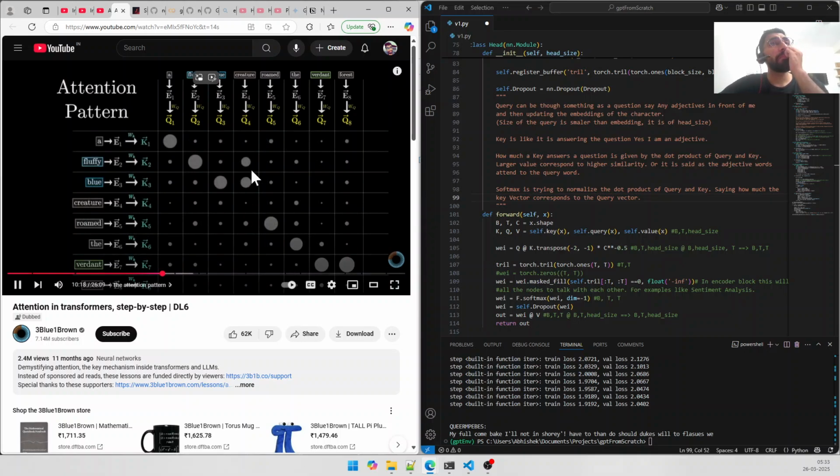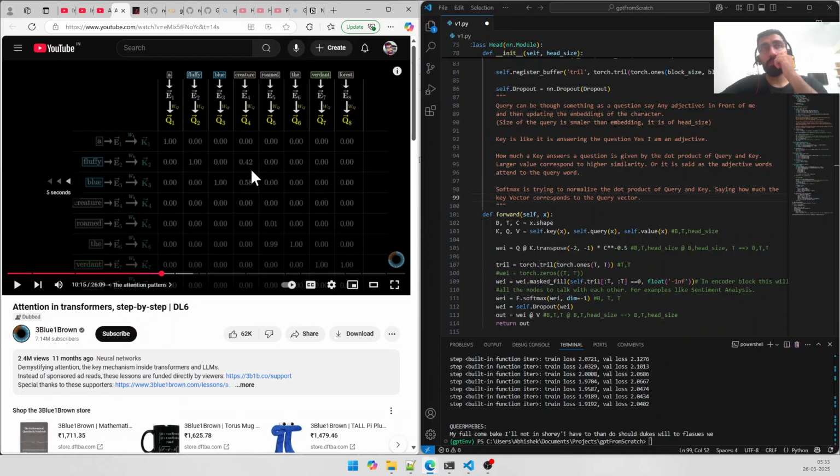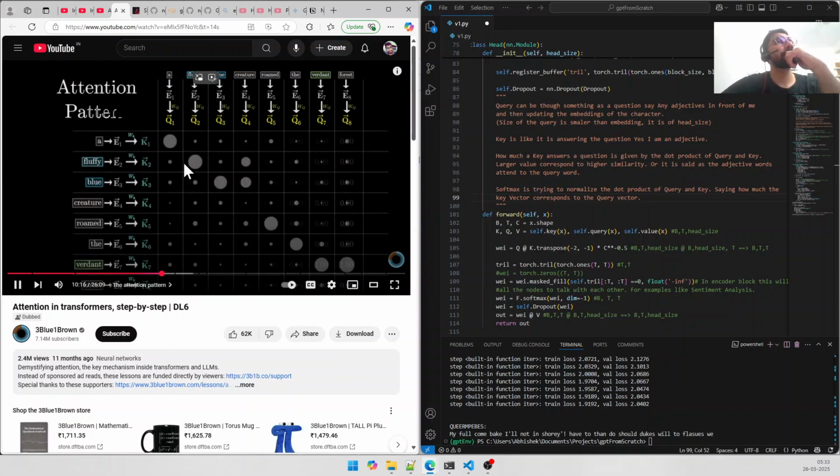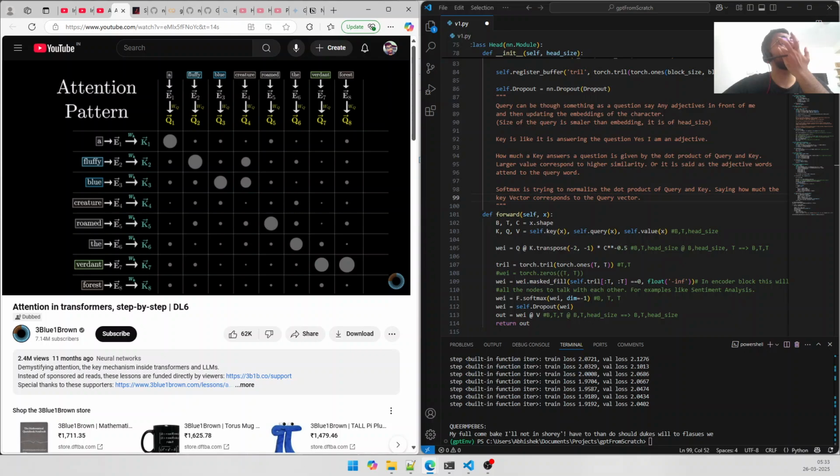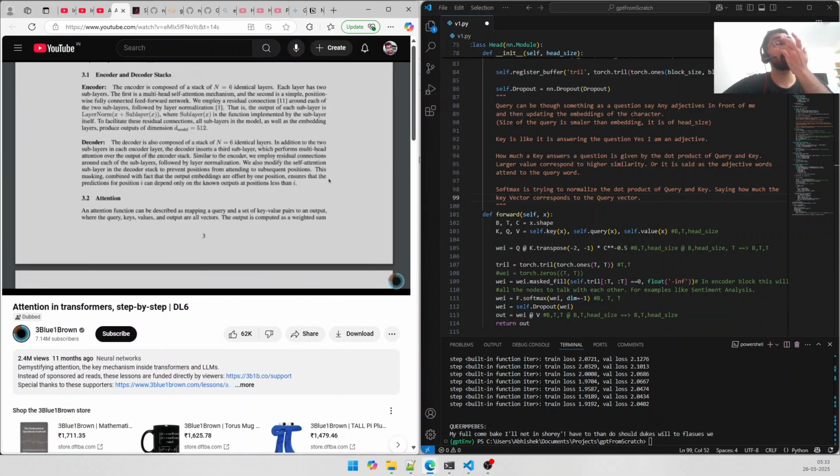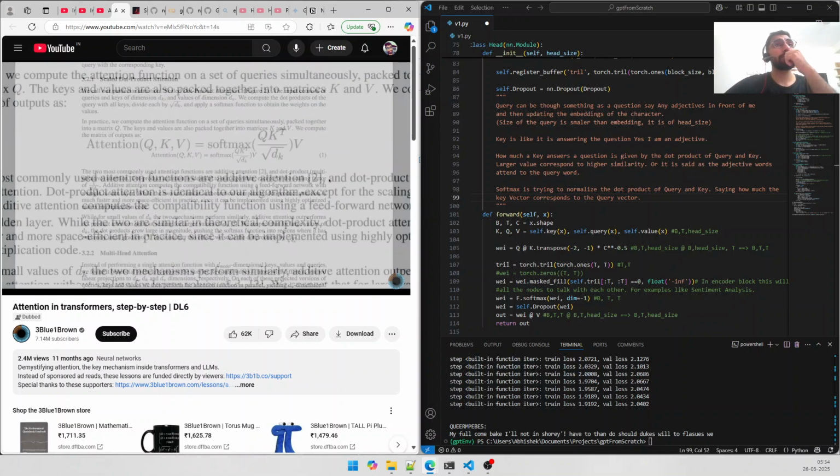Now, if you look at the original Transformer paper, there's a really compact way that they write this all down.